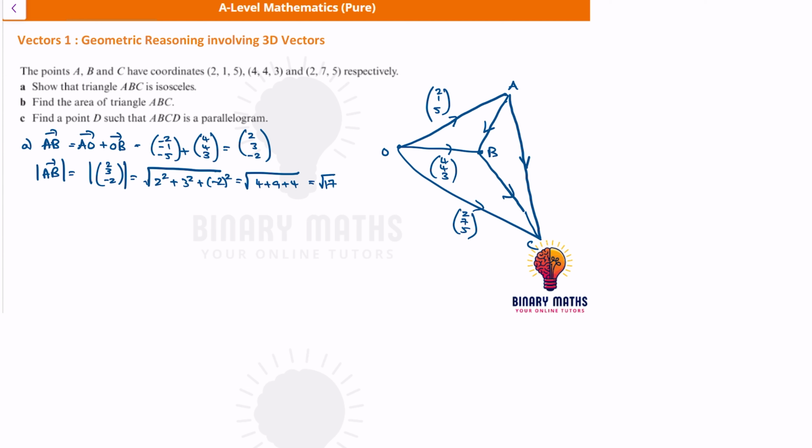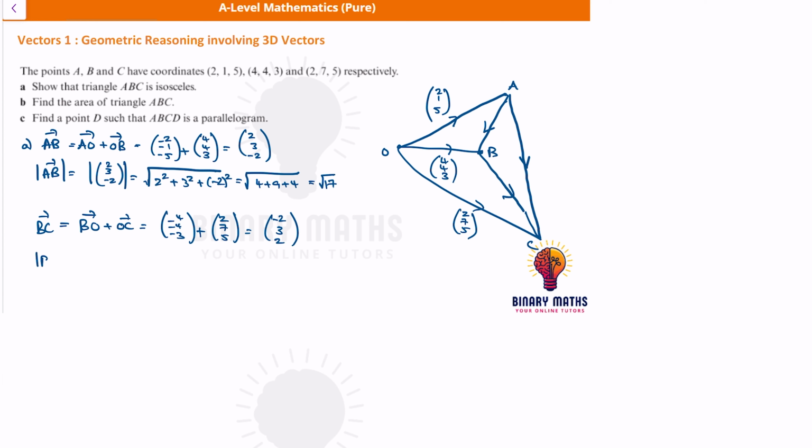Okay, I need to do the same thing with B to C now. So first I need to work out B to C. So B to C is equal to B to O plus O to C. So B to O is (-4, -4, -3) plus (2, 7, 5), which gives me (-2, 3, 2).